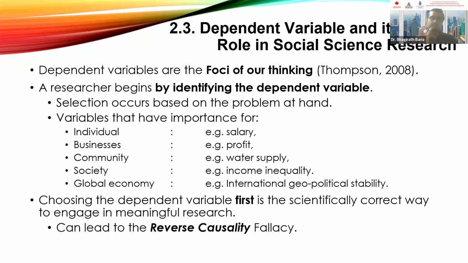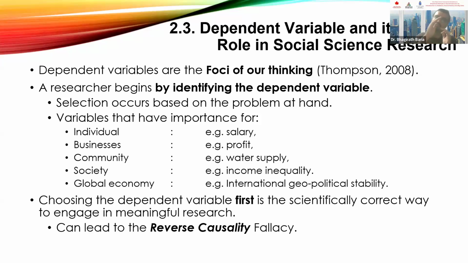The fundamental role of any research in any subject is to study the dependent variable, not the independent variables. I see researchers who first locate the independent variables, X variables, then find out through trial and errors called iterations in software which dependent variable these independent variables are suiting well. No, that's wrong.